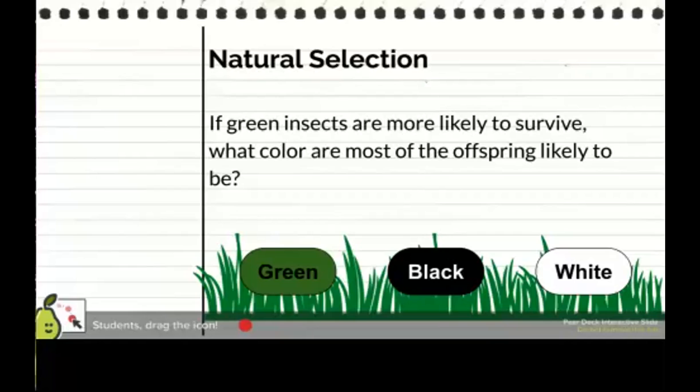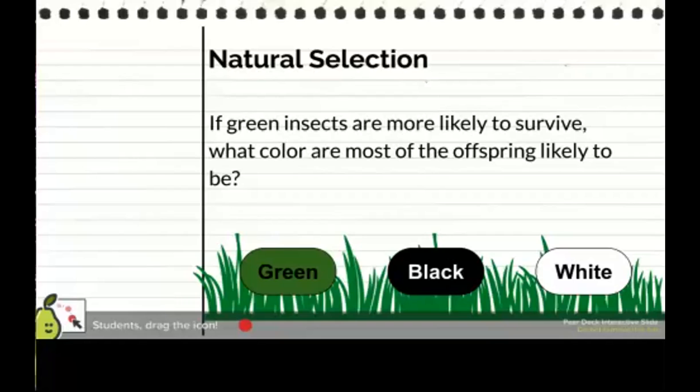I think most of the offspring will be green because they'll be the ones that survive over the black and white ones. So most of them will be green. Okay, Armand? I agree that the green ones will most likely be the offspring because they have a higher chance of survival because of how they can camouflage with the grass.